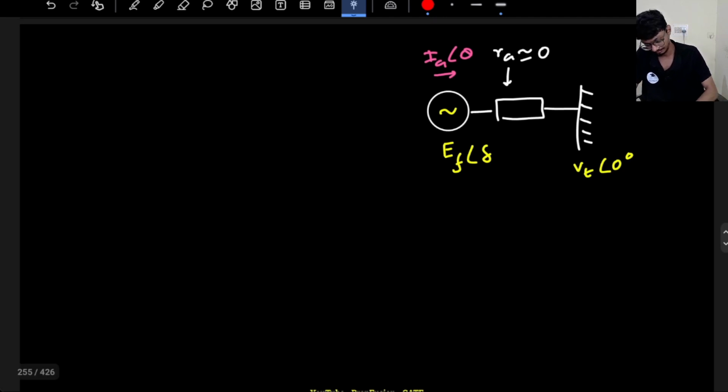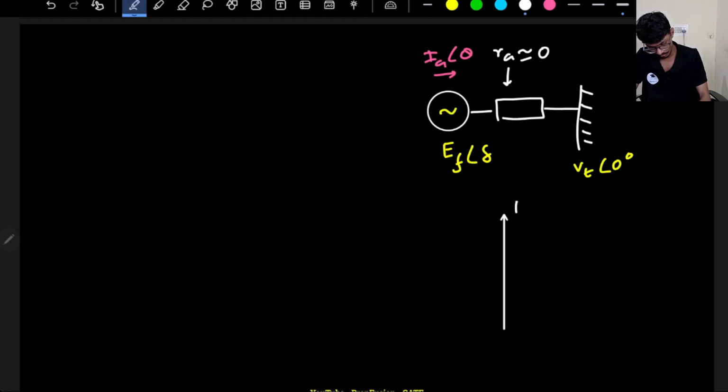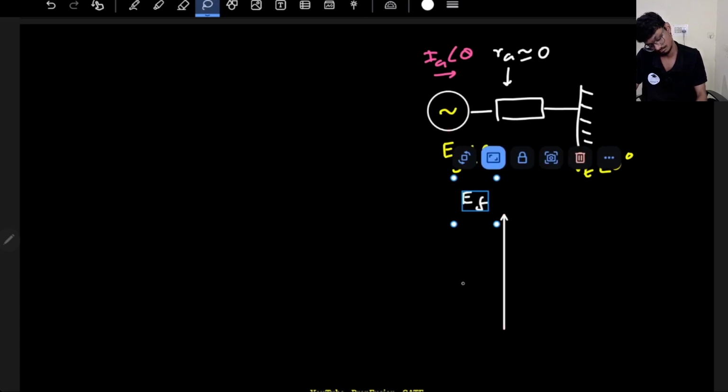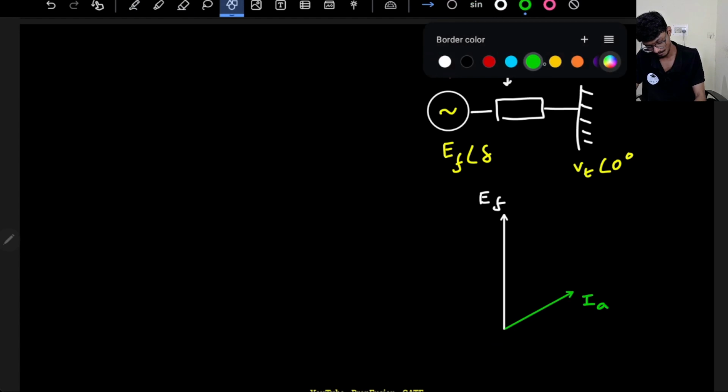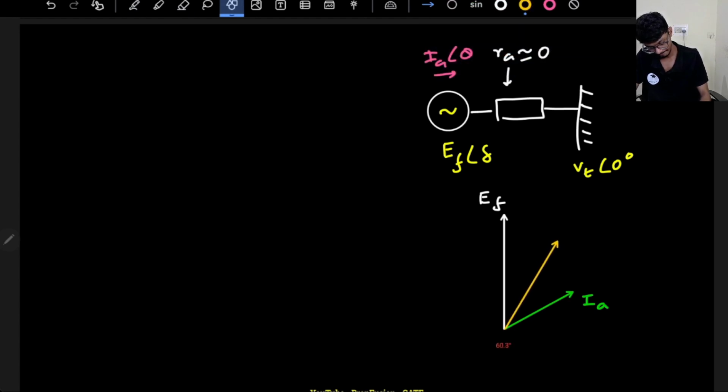If I draw the phasor diagram again, this time as it is a generator, this will be my EF, this will be my IA over here, and this will be my VT.